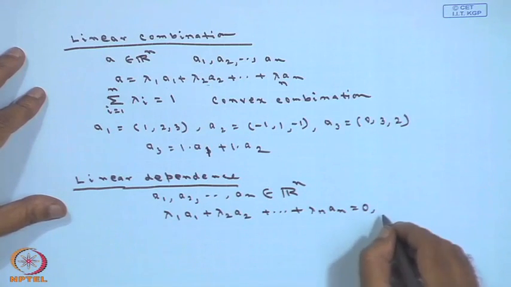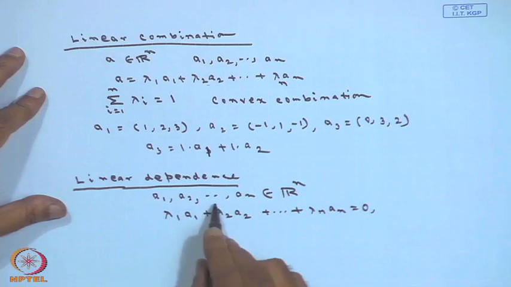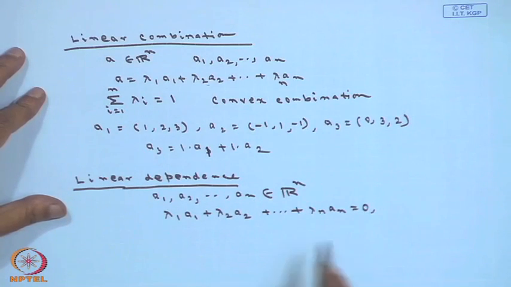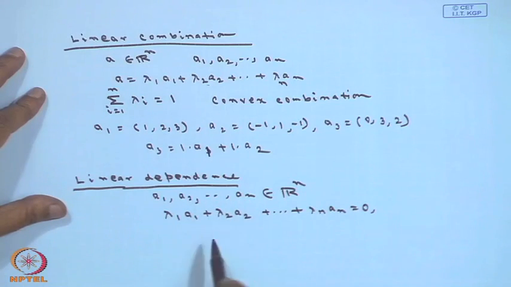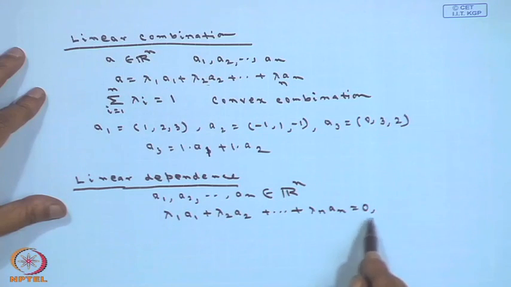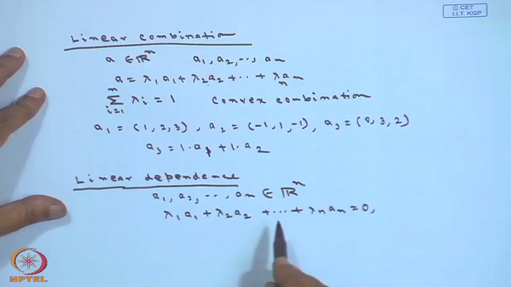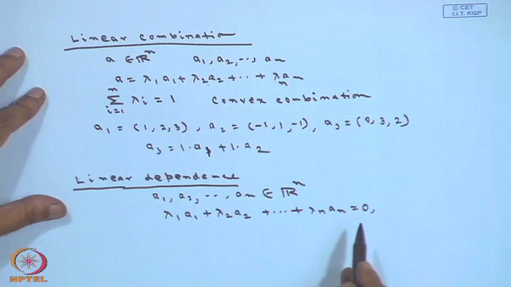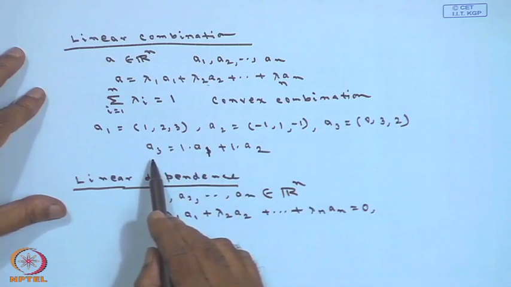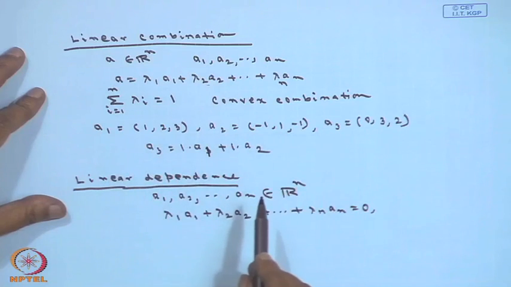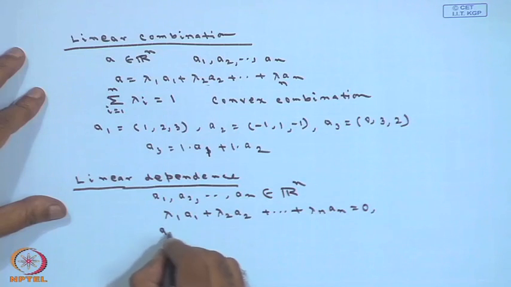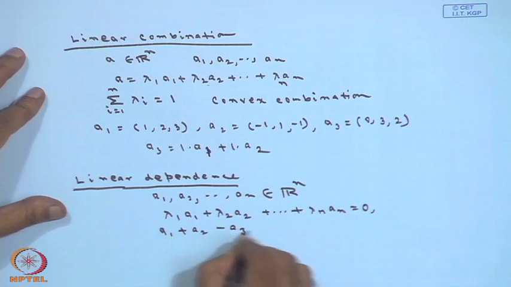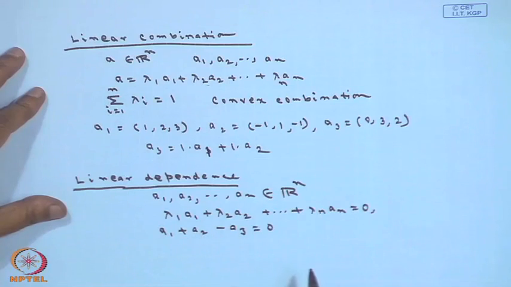So, for the earlier example, a1, a2, a3 are linearly dependent, since a1 plus a2 minus a3 equals 0 and not all lambdas are 0.